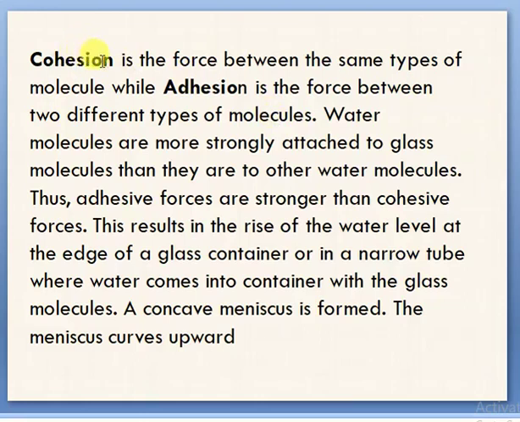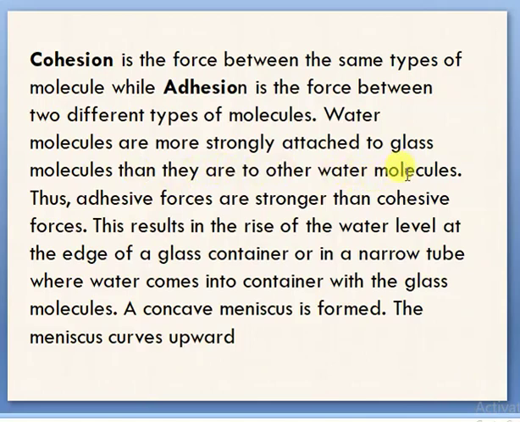Now, if you have different types of molecules like water, that is H2O, 2 atoms of hydrogen and 1 atom of oxygen, the force between them is the force of adhesion. That is the force that brought the molecules together. Water molecules are more strongly attached to glass molecules than they are to other water molecules.